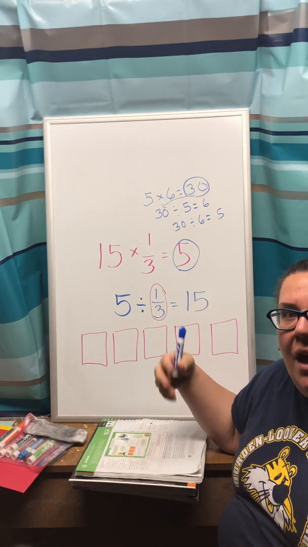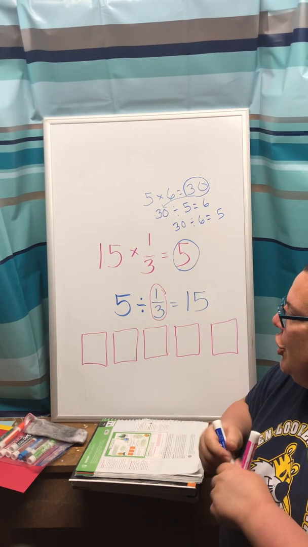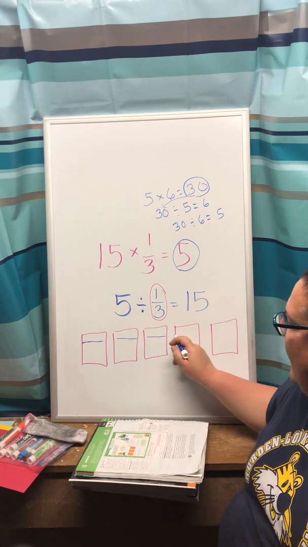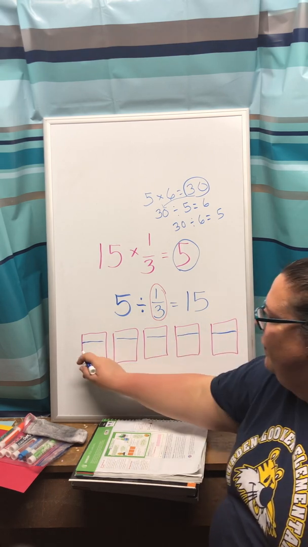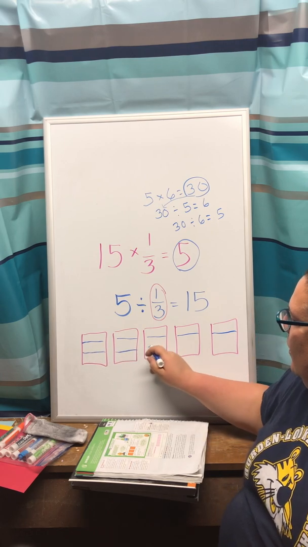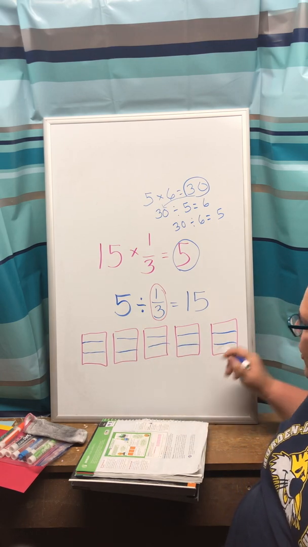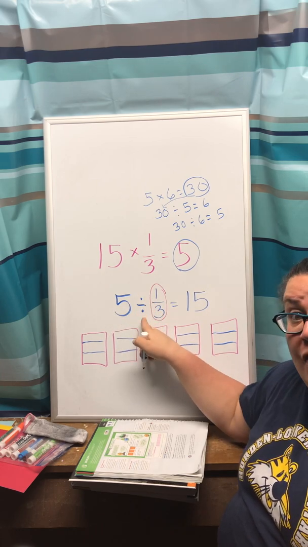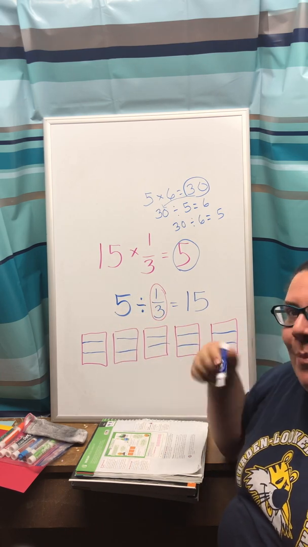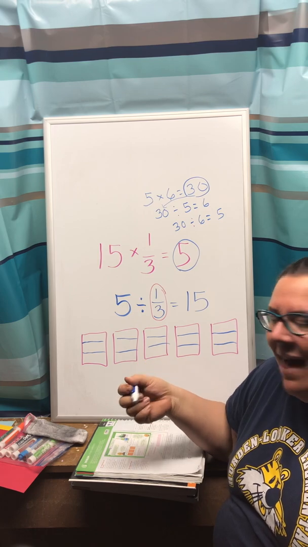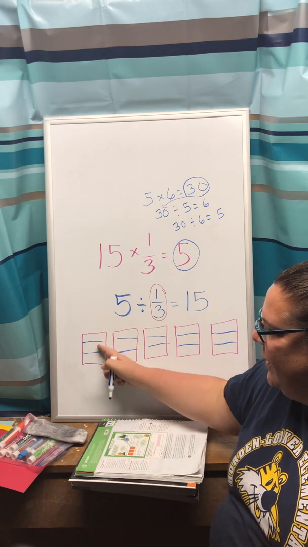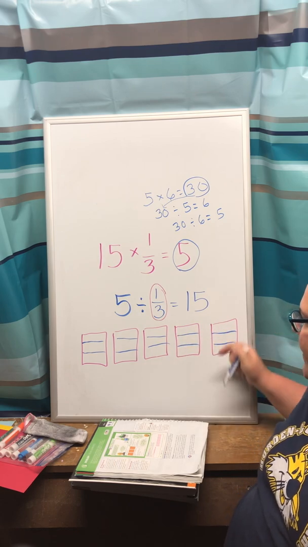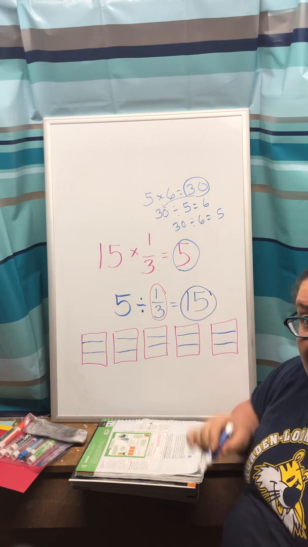So I'm going to cut each of these rectangles into thirds. Then how many total pieces do I now have? 3, 6, 9, 12, 15. That's where my 15 comes from.